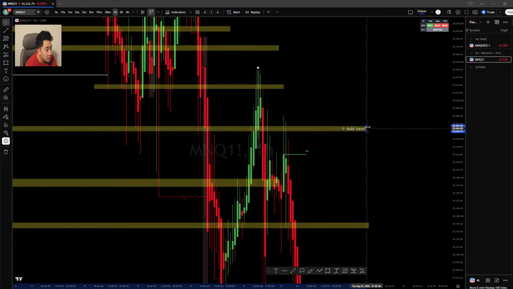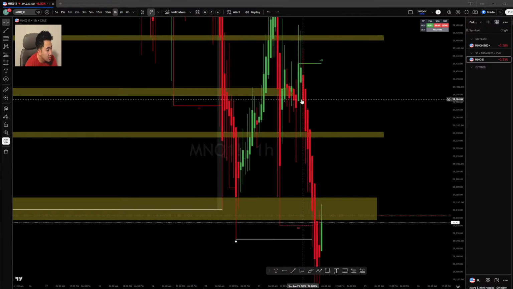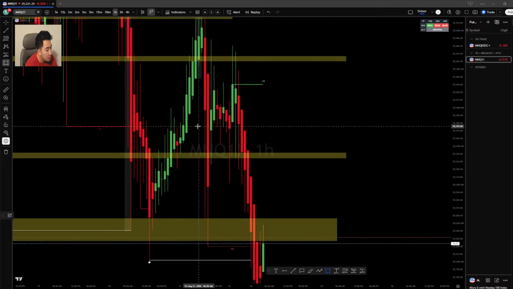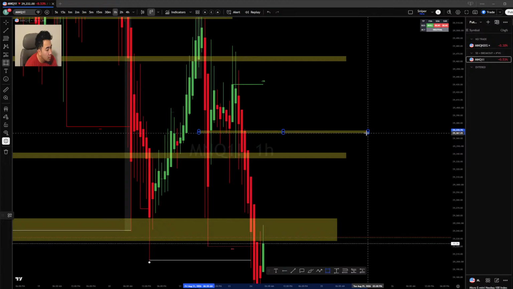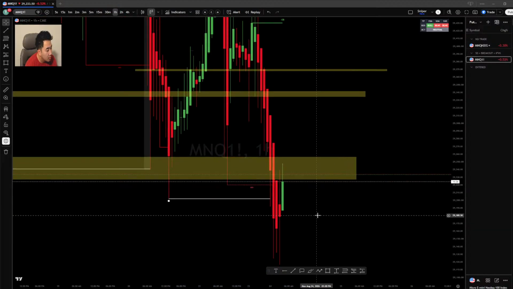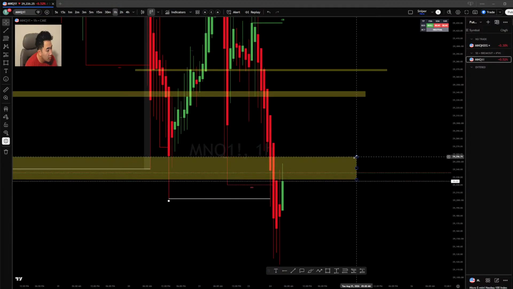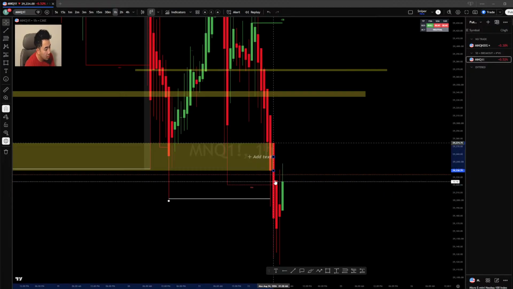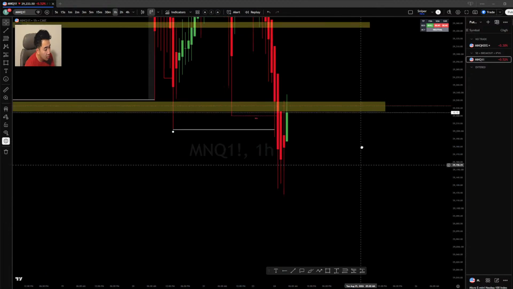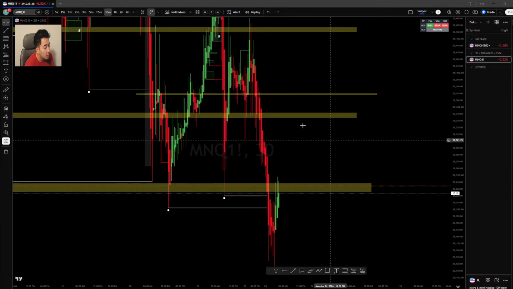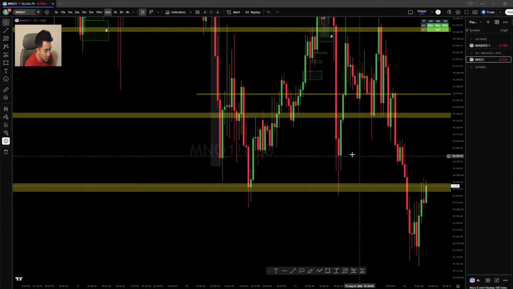This is on the Heikin Ashi chart, so it makes it a little easier to see. I'm gonna switch back and forth here.